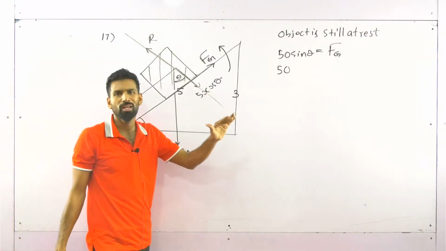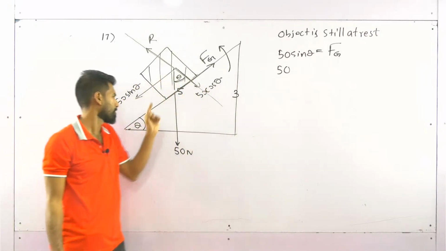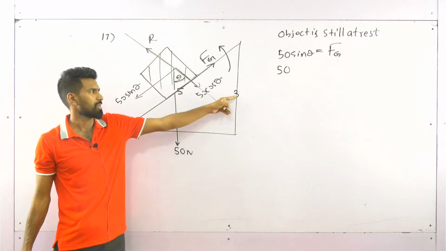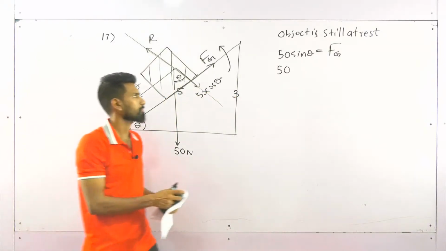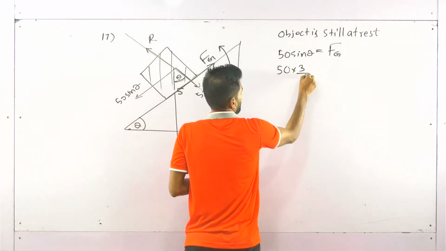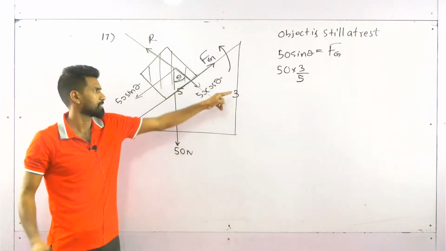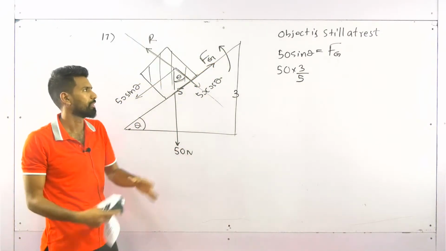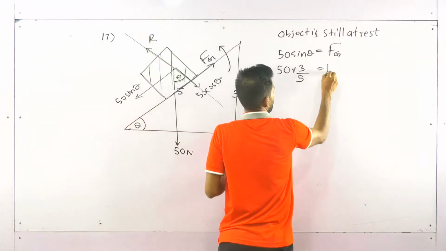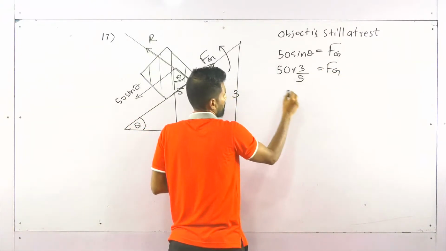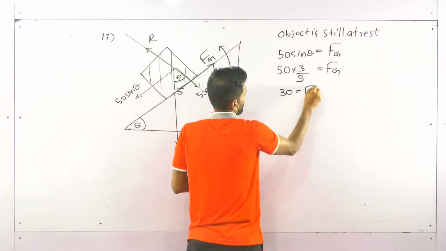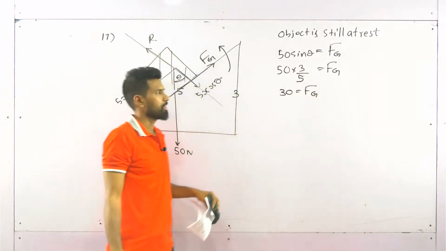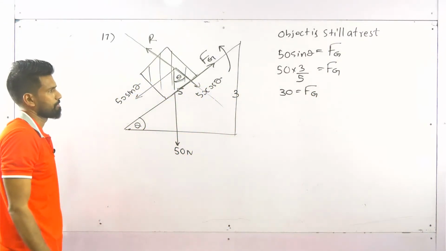When they say the inclination is 3 in 5, it's sin theta, 3 over 5. So 30 is equal to the friction. Friction is equal to 30.